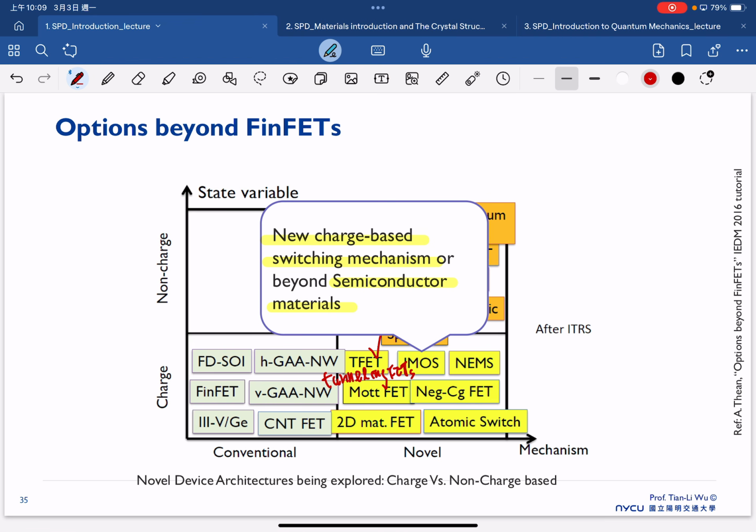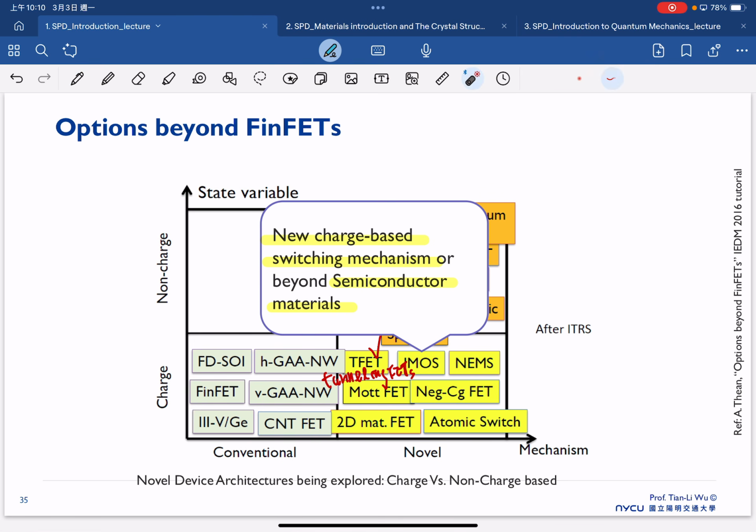We already talked about tunneling, which is an issue where the electron can tunnel from the source to the drain side, which cannot be controlled by our gate. But in the end, some people try to turn this problem into one of the key advantages. So there's a transistor which we call the TFET, just purely relying on this tunneling mechanism. This is promising, but also faces some difficulties nowadays.